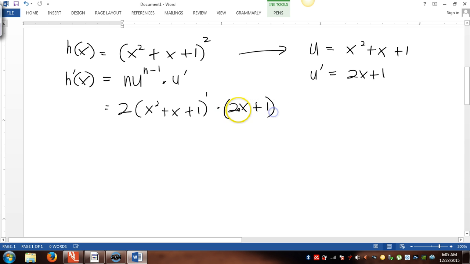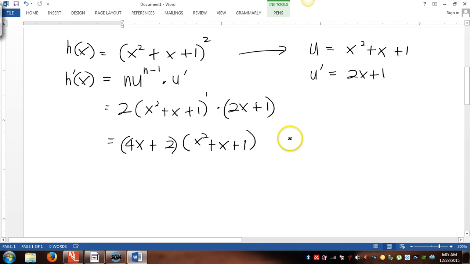Then we expand it, and we get 4x plus 2 multiplied with x squared plus x plus 1.